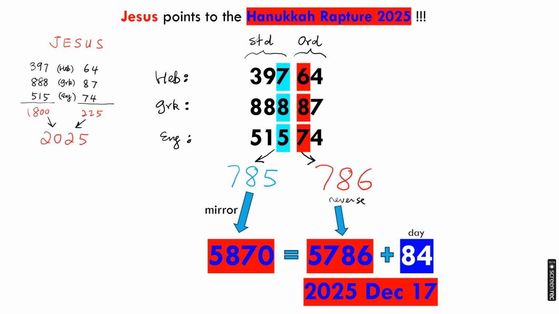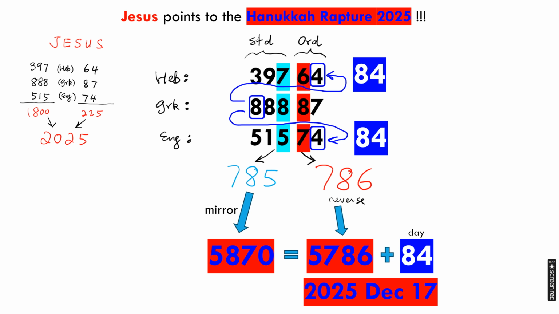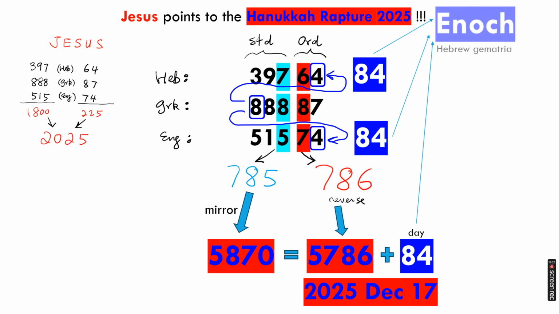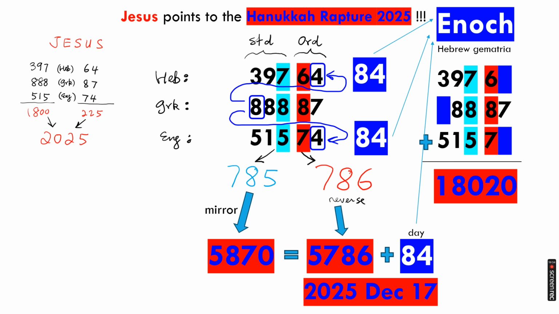Next, notice that 84 is hidden twice in the gematria numbers. 84 is Enoch in Hebrew and day 84 of 5786, which is December 17, 2025. If the digits 8 and 4 are blanked out, the total of the gematria numbers is 18020. This points to the Strong's number for Enoch in Greek.